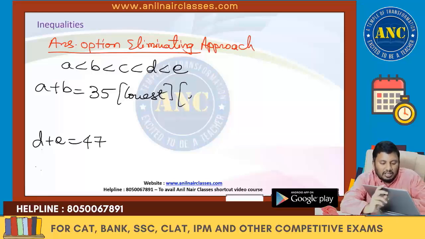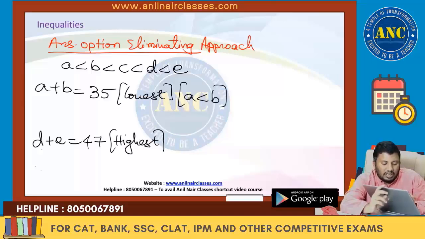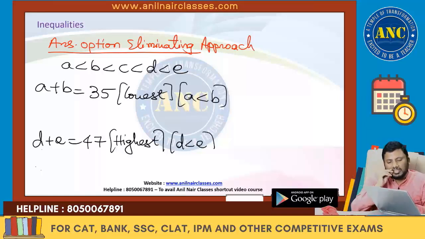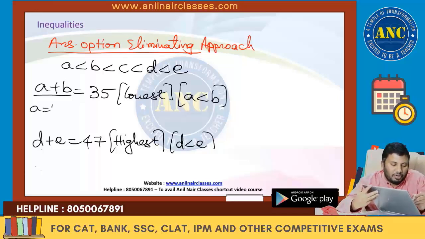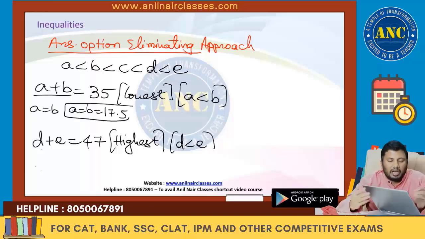Here A is less than B. Here D is less than E. Now listen carefully. A plus B is equivalent to 35. If both A and B are equal, A and B will be 17.5. Am I right?